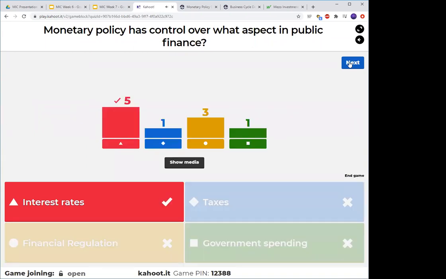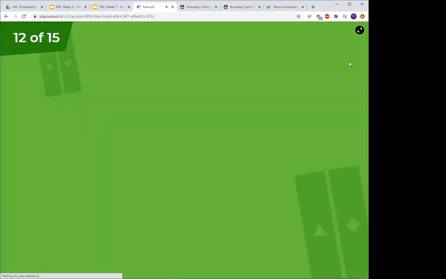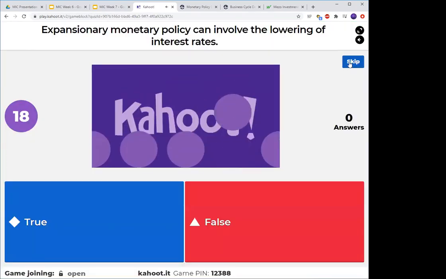So monetary policy is all about the interest rates. Taxes and government spending are controlled by fiscal policy. Financial regulation is an entirely other topic. All right, true or false? Expansionary monetary policy can involve the lowering of interest rates.